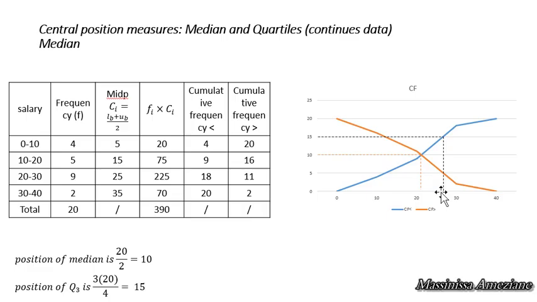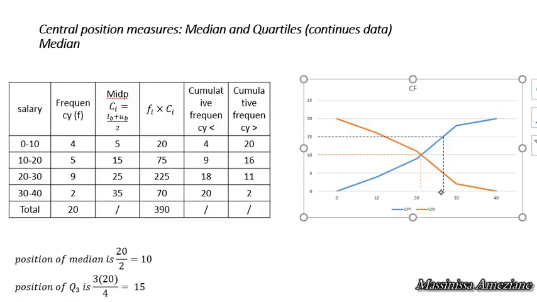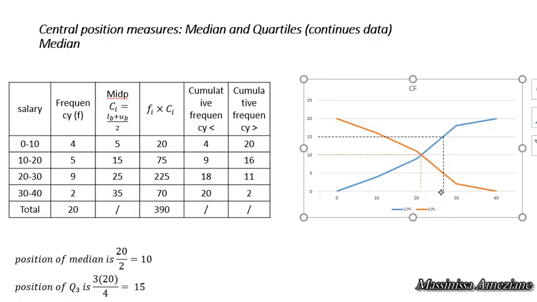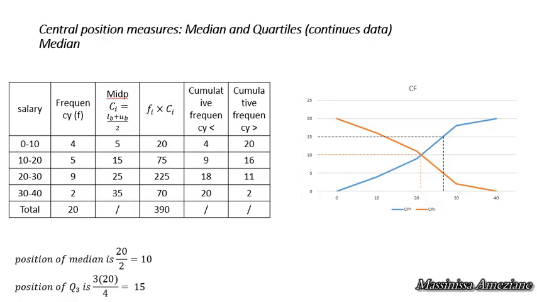So you can draw both cumulative frequency curves, and where they intersect, at this point of intersection, you draw a vertical line, and you will find the median. Here is the median.